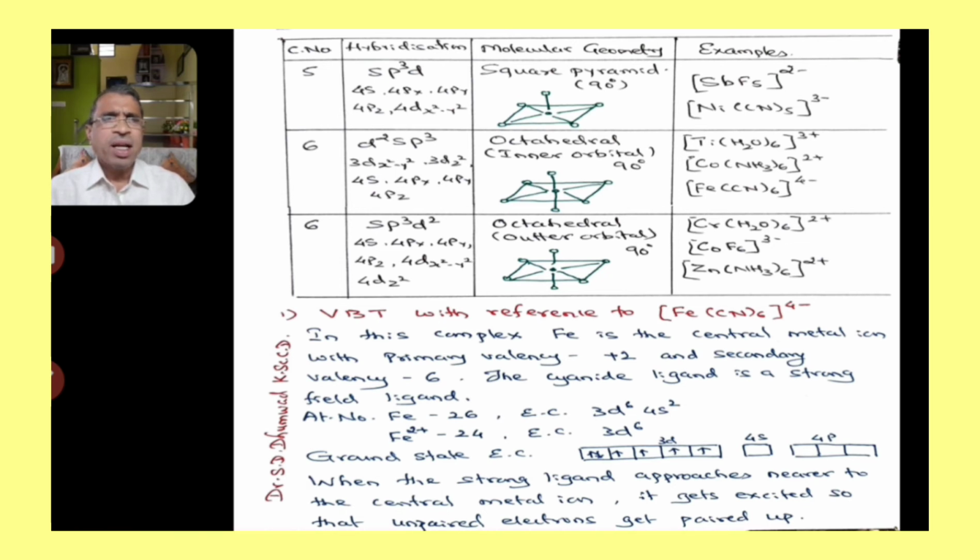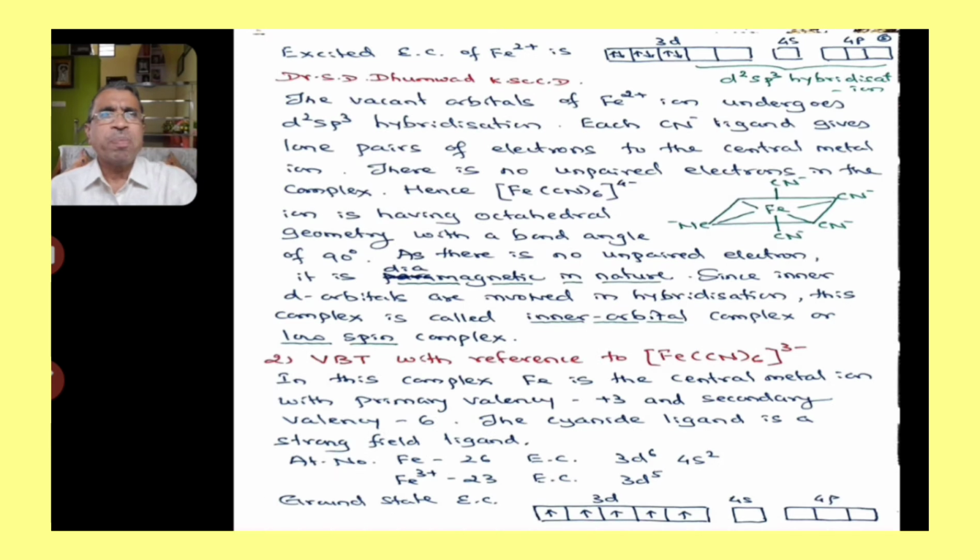When the strong ligand approaches the central metal ion, it gets excited so that the unpaired electrons get paired up. In the excited electronic configuration of Fe2+, all the electrons are paired. There are no unpaired electrons, and we have 6 vacant orbitals which undergo hybridization to form d2sp3 hybridized orbitals, which orient in space to give octahedral geometry.